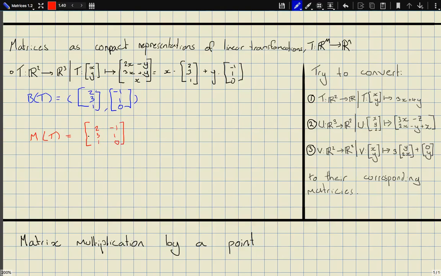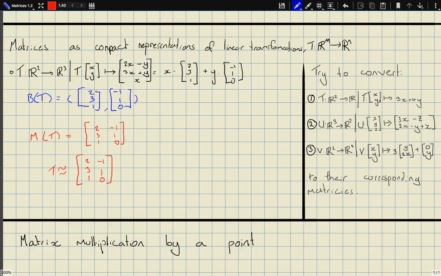So instead of writing these as a list, we're just going to write them in a grid where the columns, left to right, are actually just our basis vectors in a list. And so that means that the linear transformation T is equivalent to the matrix with columns (2, 3, 1) and (-1, 1, 0).